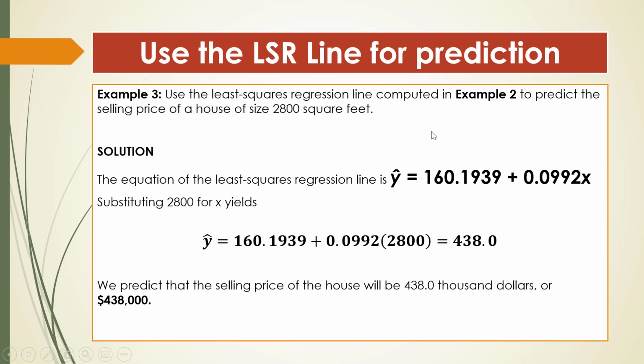And don't forget the units of the selling price is $1,000. So we predict that the selling price of the house will be $438,000. So we guess that a house of the size 2800 square feet should cost around $438,000.